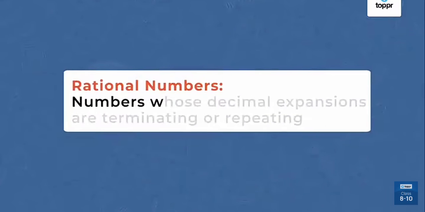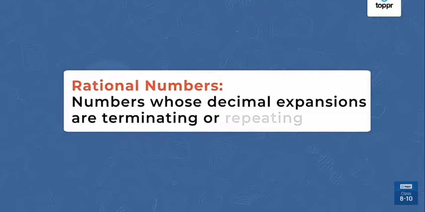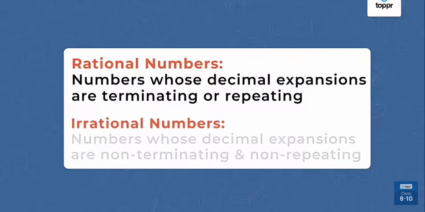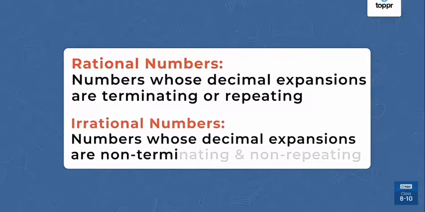Let's now quickly summarize what we've just learned. All numbers whose decimal expansions are terminating or repeating are called rational numbers. Numbers whose decimal expansions are non-terminating and non-repeating are called irrational numbers.